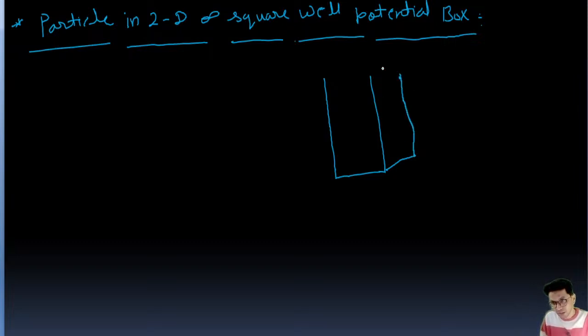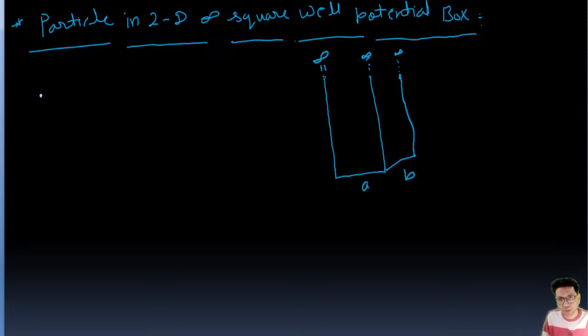Consider this is a straight line, guys. Infinite, infinite. This is A, this is B. Particle is in 2D infinite square well box.